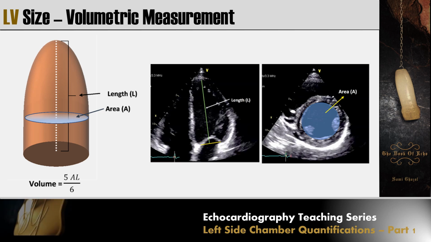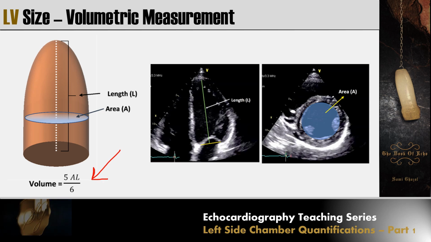In the area length method, there is still an assumption of a bullet shape of the LV, so it is not the best because it still assumes a fixed geometric shape. However, it is better than calculating from only linear measurements.